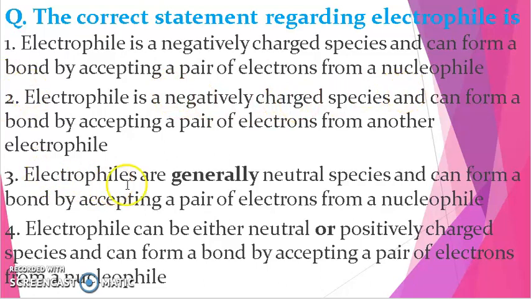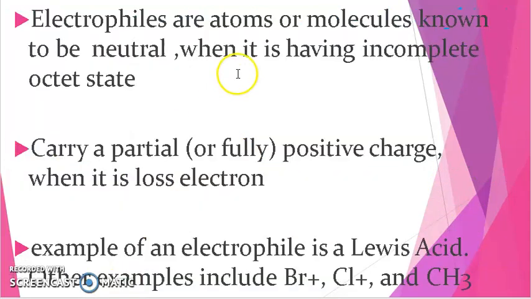What about the third option? Electrophiles are generally neutral species and can form a bond by accepting a pair of electrons from the nucleophile. What we have seen is that it is neutral when it has an incomplete octet state, otherwise it carries a partial positive charge, or a fully positive charge, when it has lost an electron, correct?